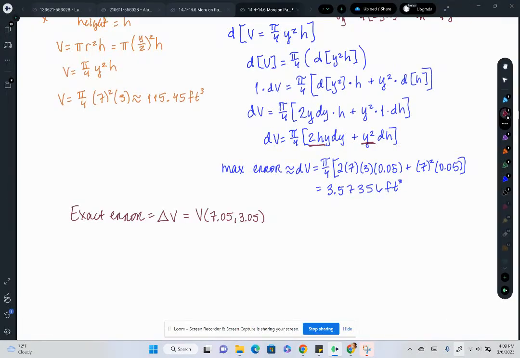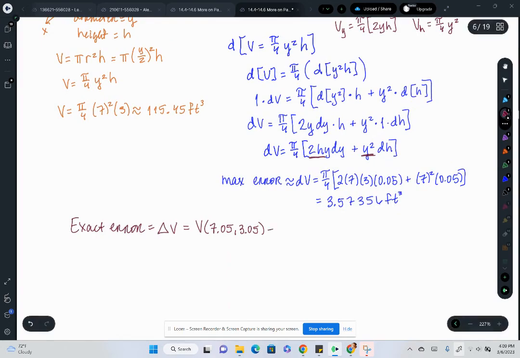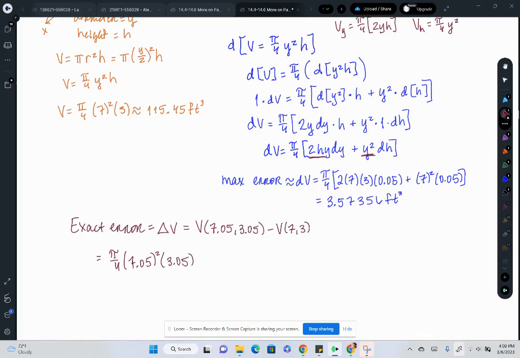And those values I chose because they are 0.05, a dh or a dy value, away, minus V of 7, 3. Okay, so this is going to equal pi fourths y squared, so 7.05 all squared times 3.05. That's the volume at 7.05 and 3.05, minus V of 7, 3, we already found that, but I'll just write it out again, pi fourths times 7 squared times 3.